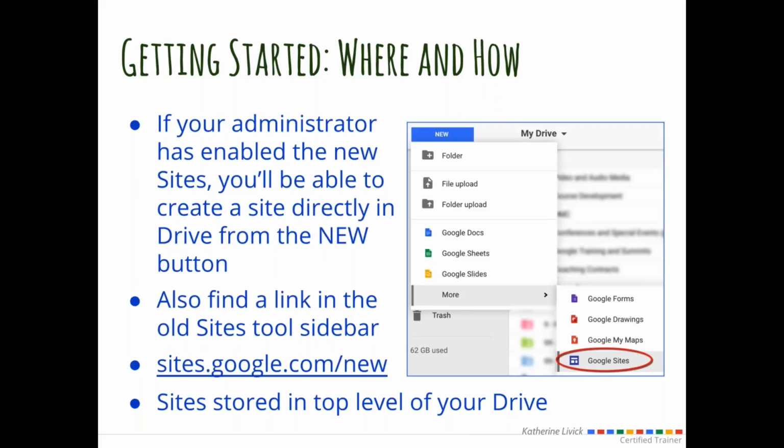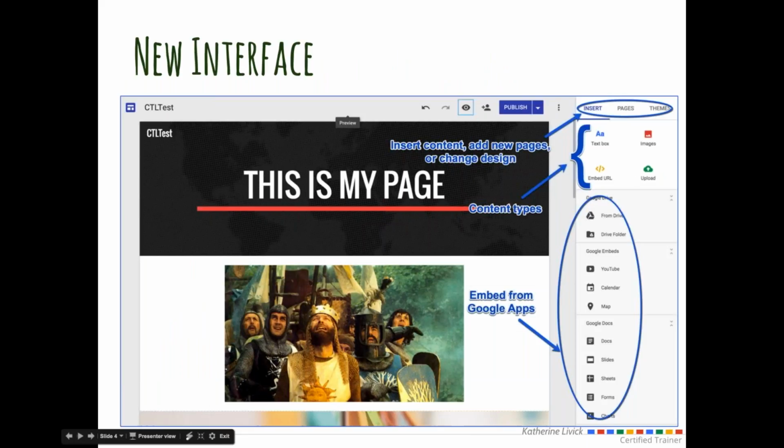You can also find a link to it in the old Sites tool sidebar. If you're already looking in the old Sites tool, there's a link down below that says try the new Google Sites. You can click on that. Or you can type into your Omnibar sites.google.com/new, and that will take you to this tool that I'm about to show you.